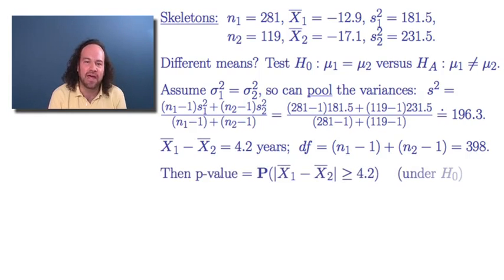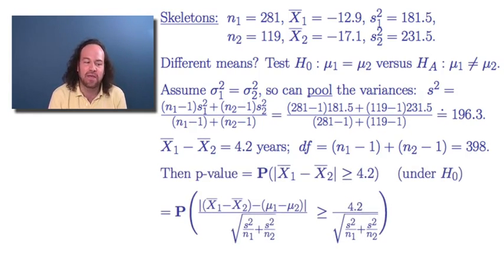So now we know how to compute a p-value. Indeed, the p-value should be the probability, once again, that the observed sample difference would be at least as big as the 4.2 that we got. Again, we can subtract and divide and say it should be the same as this other quantity being bigger than or equal to 4.2 divided by the square root of that sample variance.